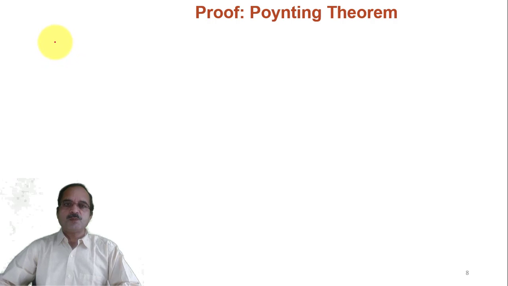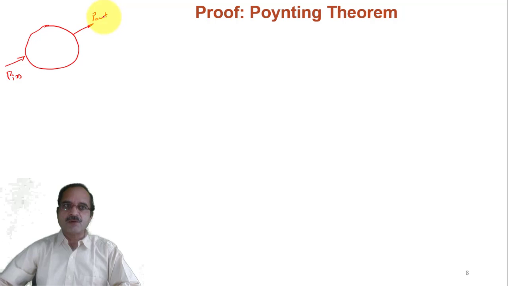Now let us prove the Poynting theorem. Now we have seen the Poynting theorem, it gives us the power relationship. That means if we assume P in is the power entering inside this volume and P out is the power leaving this given volume, then some part of this power is lost in terms of ohmic losses.